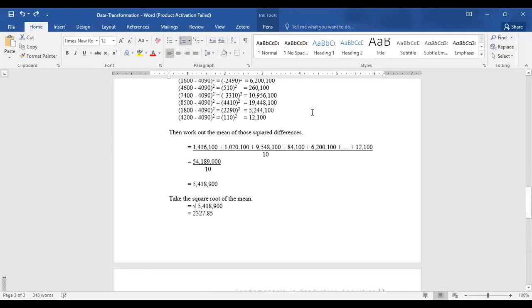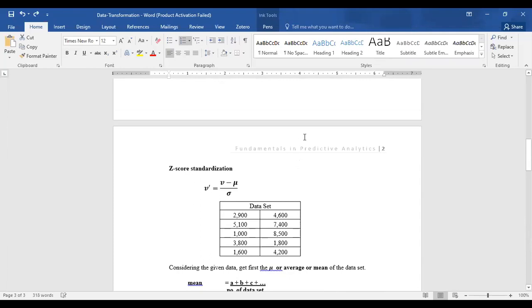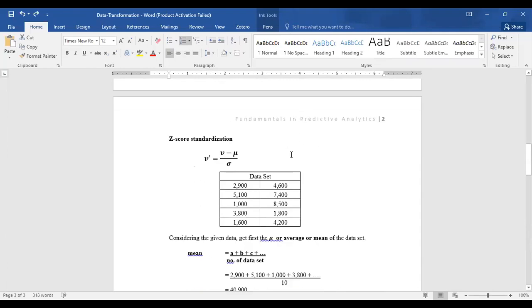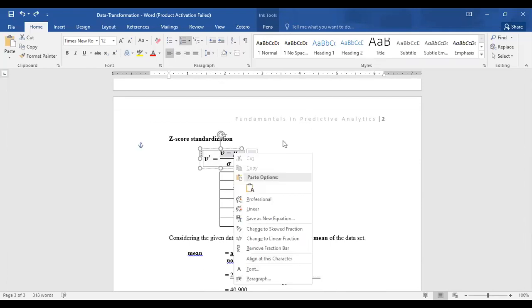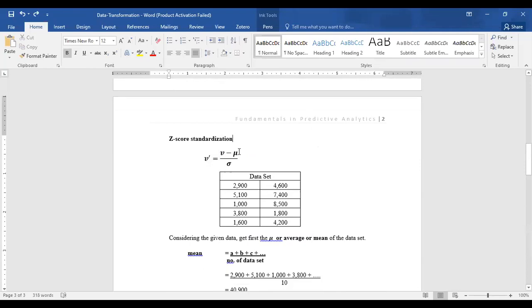So in order for us to compute for the Z-score, we have to find the mean first, and then the standard deviation. So when we say mean, it is the average of all data sets.